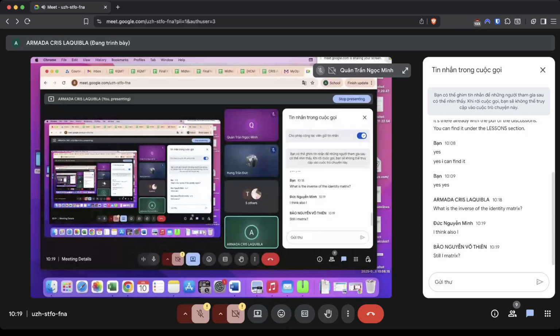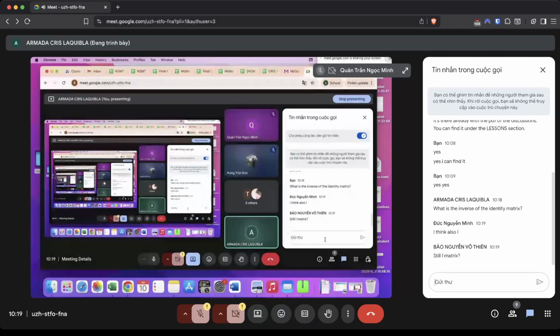Correct. Still I. Because when you have an identity matrix, you pair it with an identity matrix at the other side, right? And you will make that matrix already the identity. So the other side there is the inverse of itself. It's still the identity. That's how to get the inverse, right?